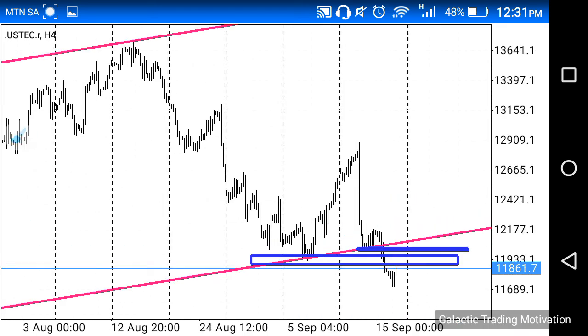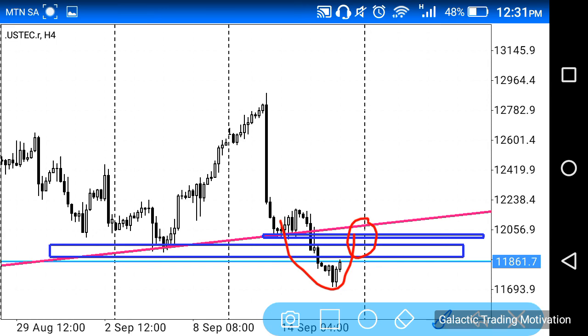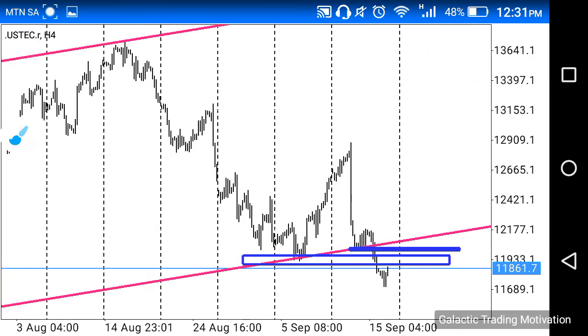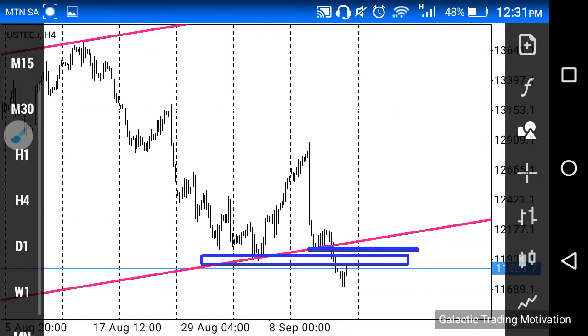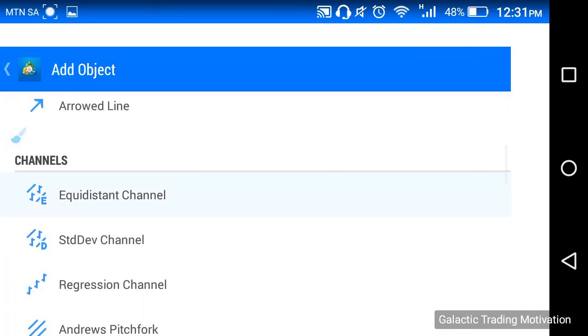So that's our H4 chart, guys, and as I said, at this point in time, I would wait for price to head back to this level, and at this level I would most likely look for potential selling opportunities, right? In fact, let me just actually add a channel to that H4 chart.